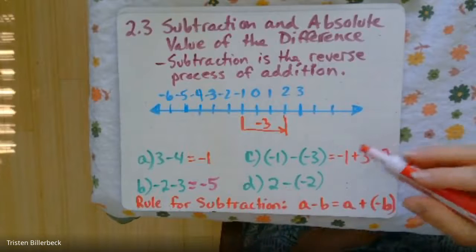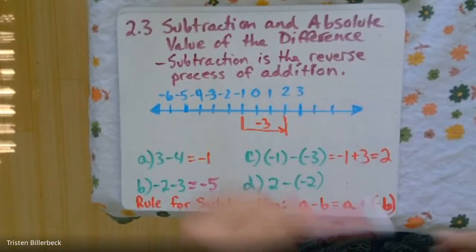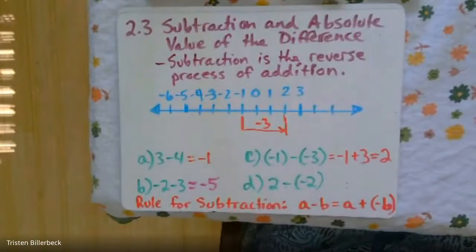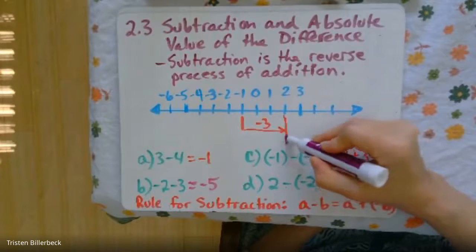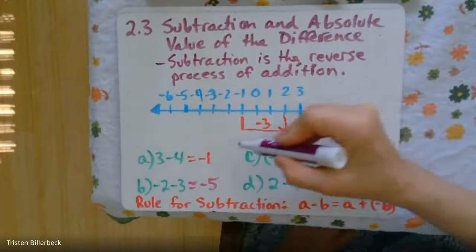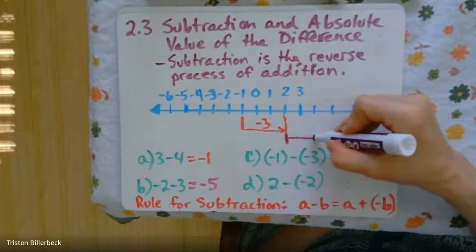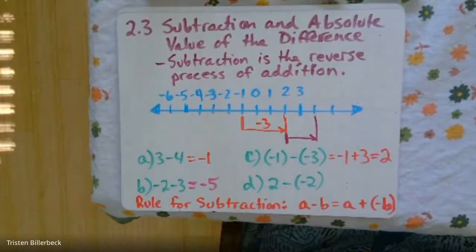Now, if we look at this one, 2 minus a -2. Again, we're trying really hard to go the one direction. We're right at 2. We're trying to go that way, but it's a -2, so we're going right to here. So that ends up at 4.